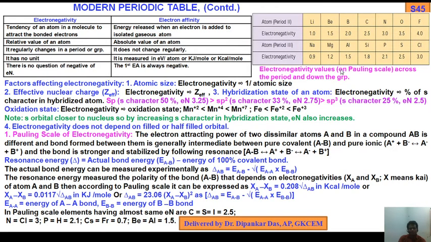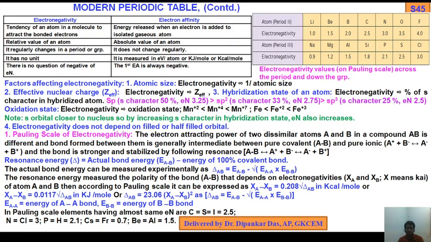Now, factors affecting electronegativity. First, atomic size. Electronegativity is inversely proportional to atomic size. As I told you, if we move from left to right, size decreases.